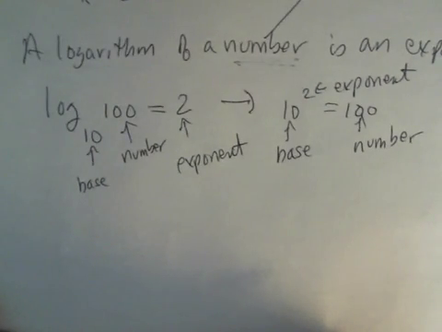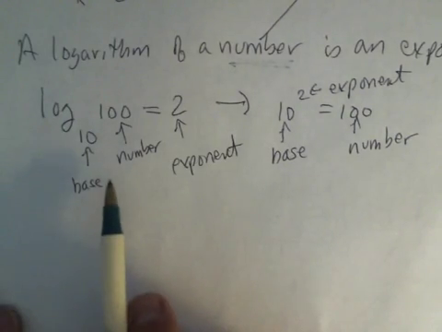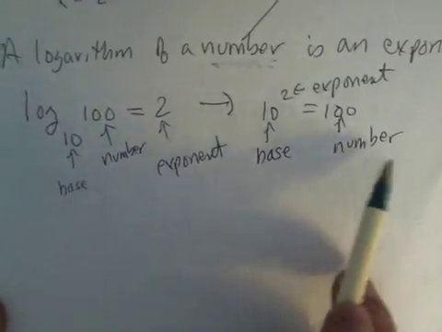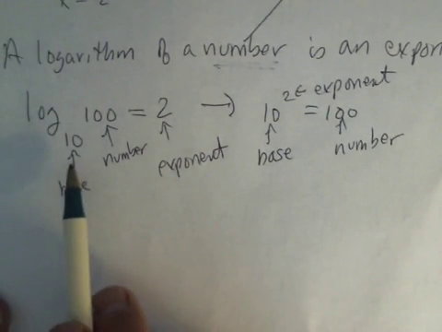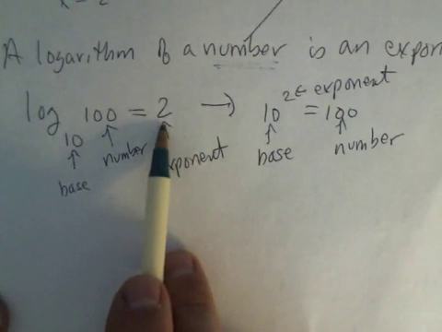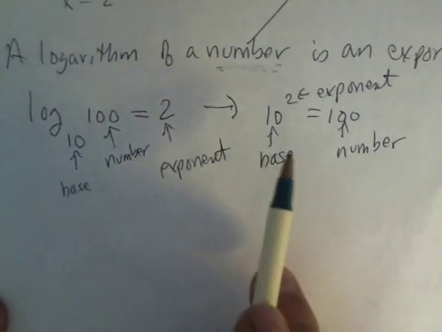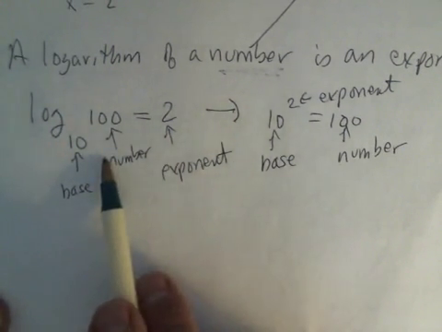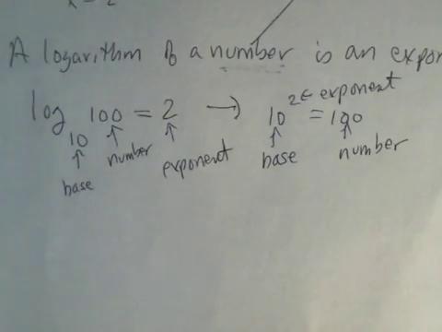So what you have to do to solve these equations is to know how to change from logarithm to exponential form and vice versa. If you're solving for the exponent, you change it to a logarithm. If you're solving for the number, you change it to the exponential equation.